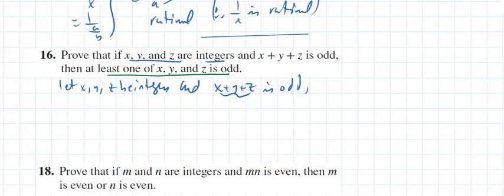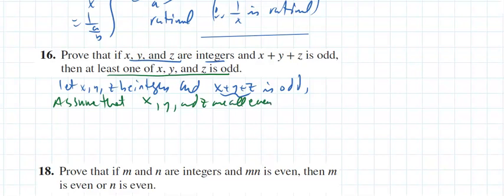Then we say at least one, okay, all of them. Assume that x, y, and z are all even.